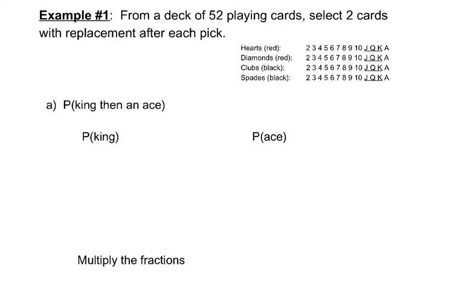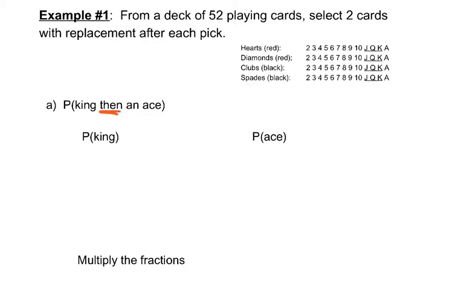So our first example under these scenarios is, from a standard deck of 52 cards, select 2 cards with replacement after each pick. All right, so you're going to take out 1 card, look at it, place it back in the deck, take out another card, look at it, place it back in the deck. So the question is, find the probability of a king, then an ace.